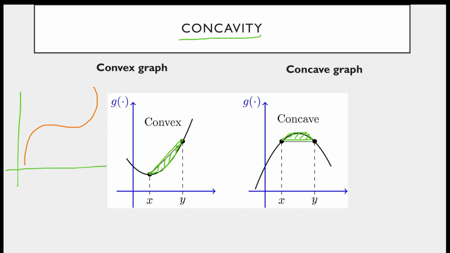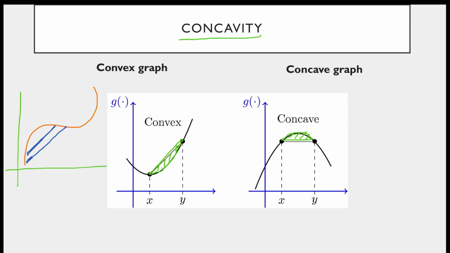You'll realize that this is a mixture of a convex graph and a concave graph. If I take any 2 points, let's say I take this one, the entire portion lies above the line segment and it is a concave one. If I join these 2 points, it is still a concave one.